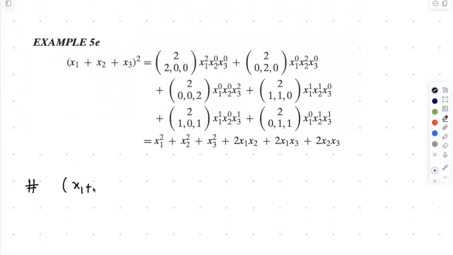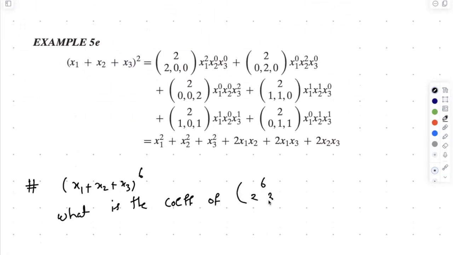I'm not going to repeat myself, but I may ask you a question. Just suppose (x1 plus x2 plus x3) power 6 is there. The question is, what is the coefficient of x1 power 2, x2 power 3, and x3 power 1?